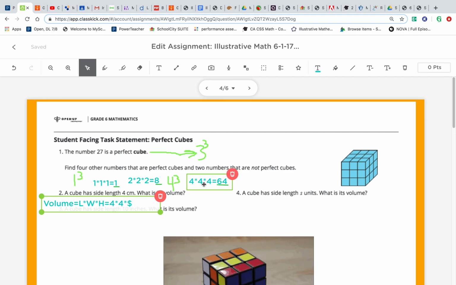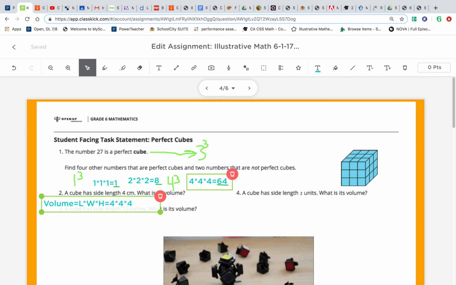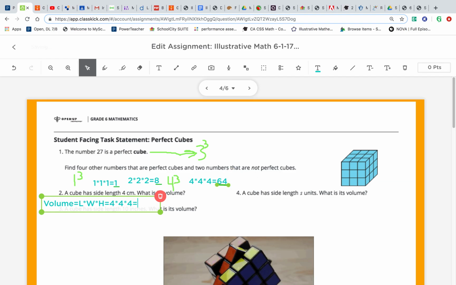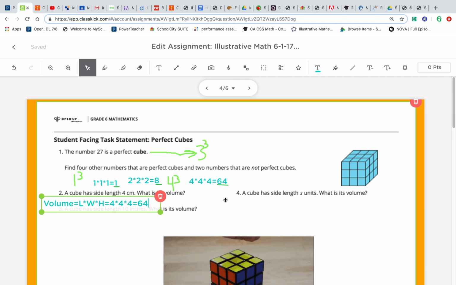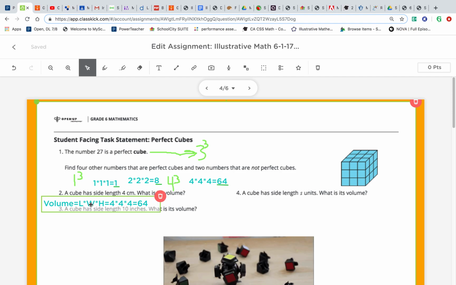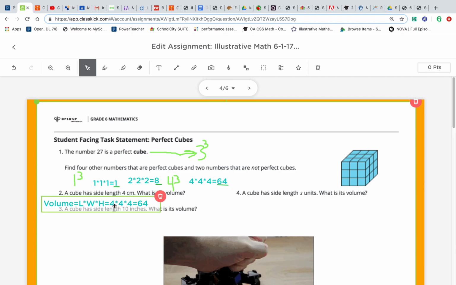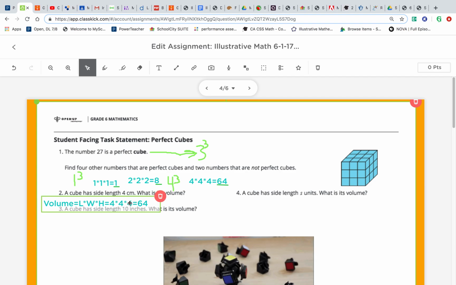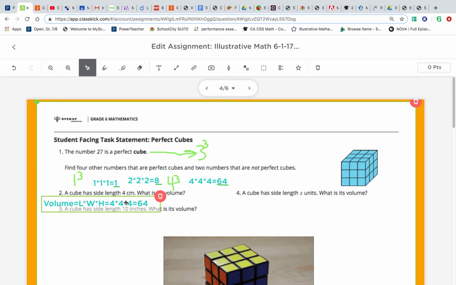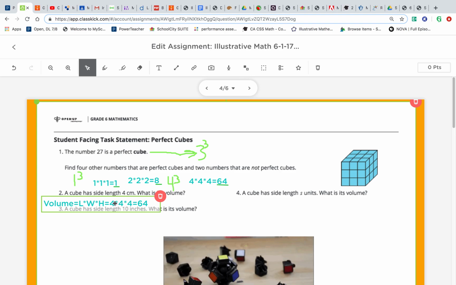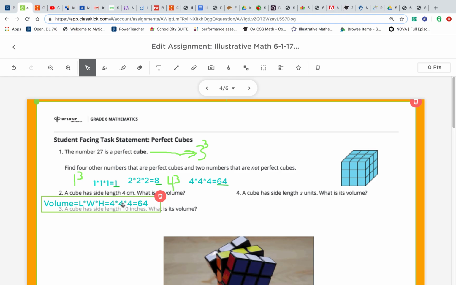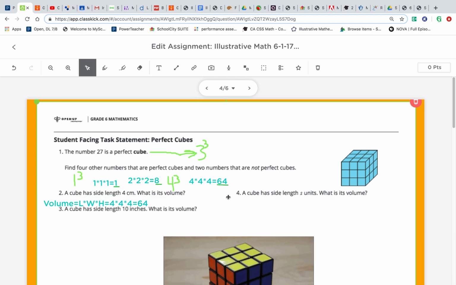If you look up here, we already did that. I made the dollar sign mistake as well. We already know that's 64. Now, most of the time, it's not going to be the same thing, so you're going to have to actually do the multiplication and be a little more careful. But in this case, if it's a cube, those are all the same thing.